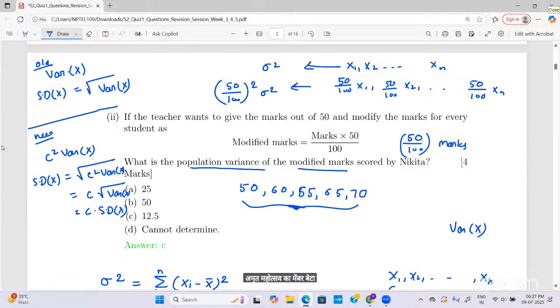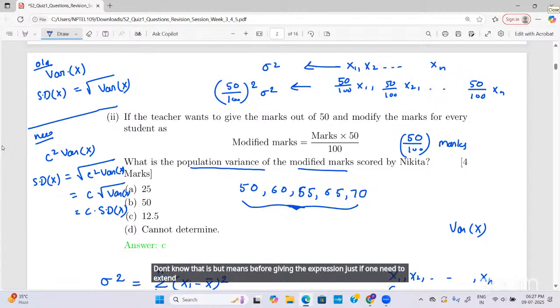You can go for previous year PYQs. Just 1 minute extra before giving the explanation.